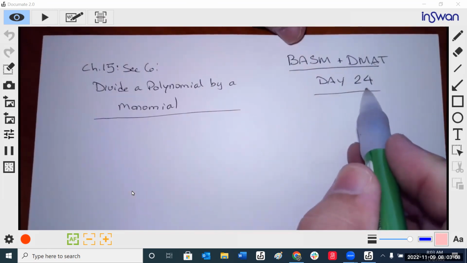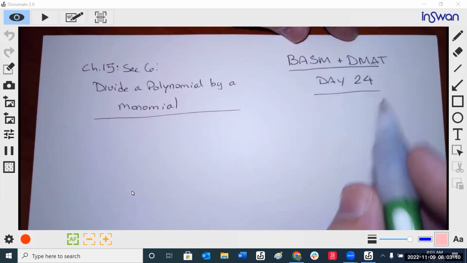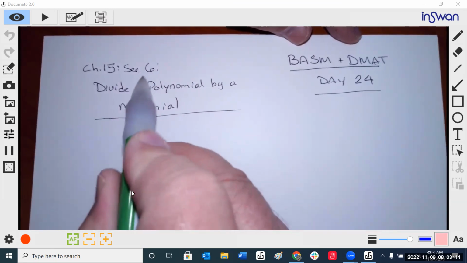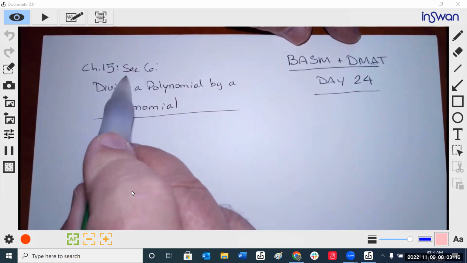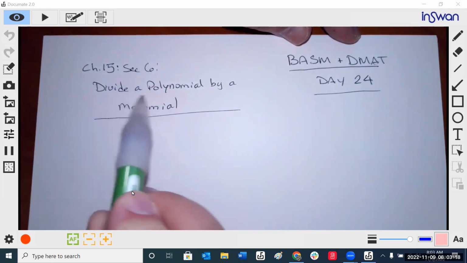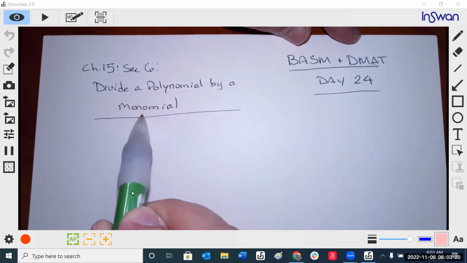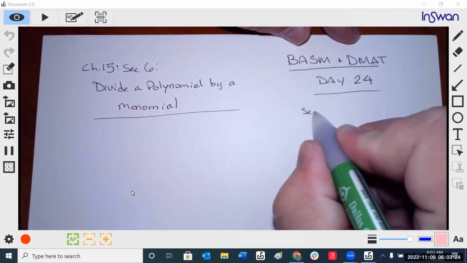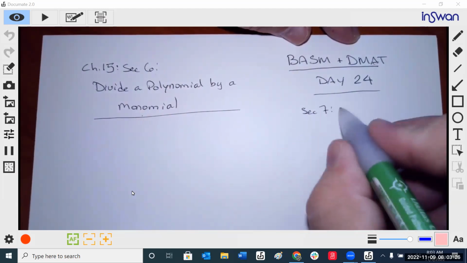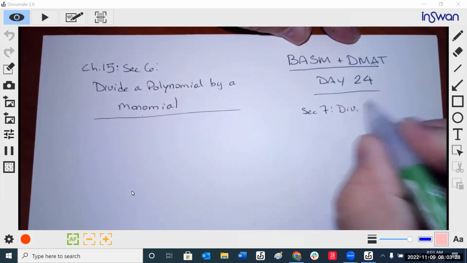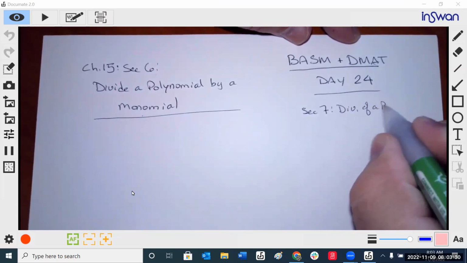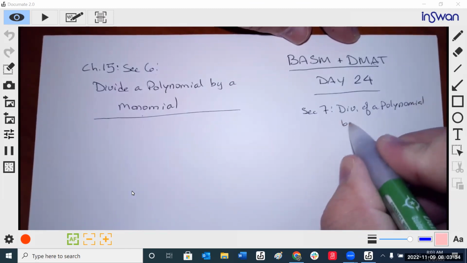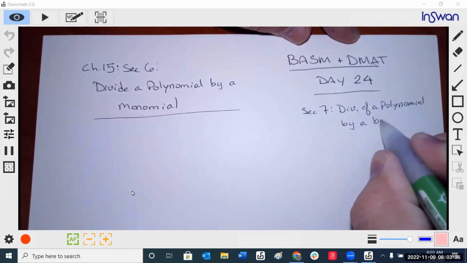Here we are at day 24, the end of the 12th week. We're almost done with this course. What we have left to do, we have 3 more sections. Section 6 deals with division of polynomials by a monomial. Section 7 deals with division of a polynomial by a binomial.